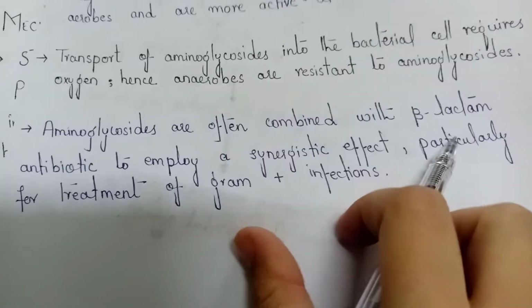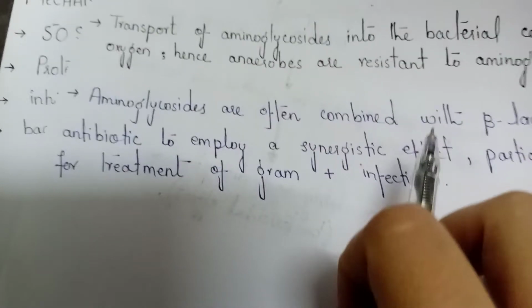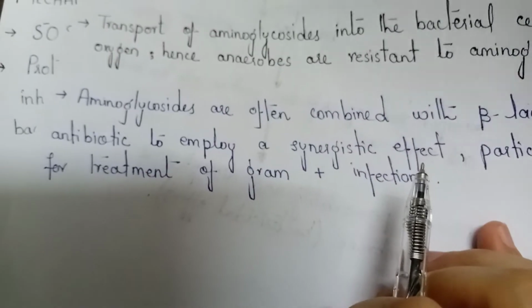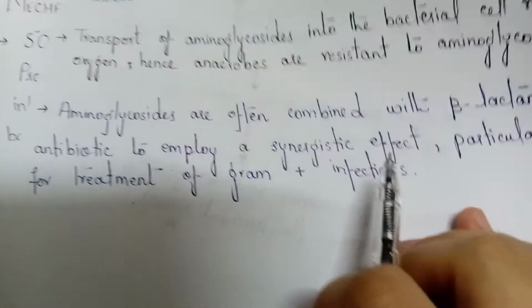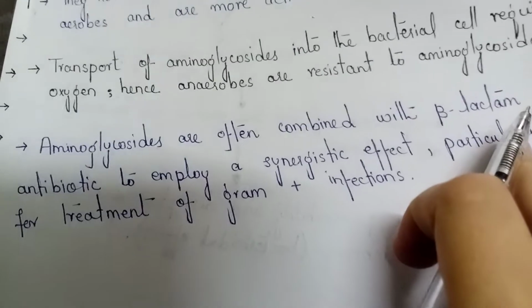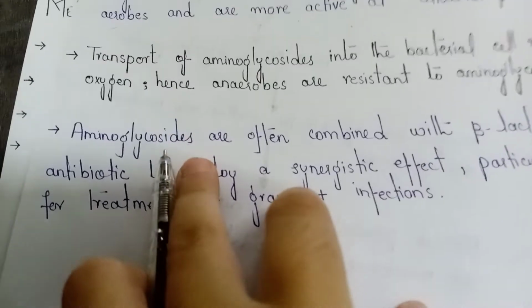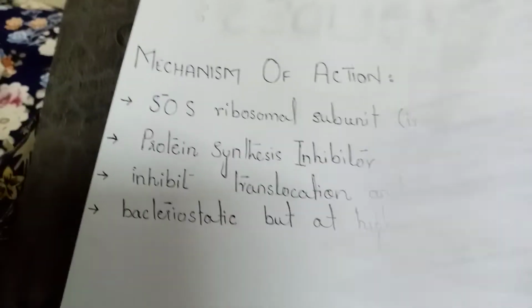Once the cell wall is broken down, the entrance of aminoglycoside into the cytoplasmic membrane increases, or the beta-lactam antibiotic increases the transport of aminoglycoside into the cell. Okay, so this was all about the common properties.